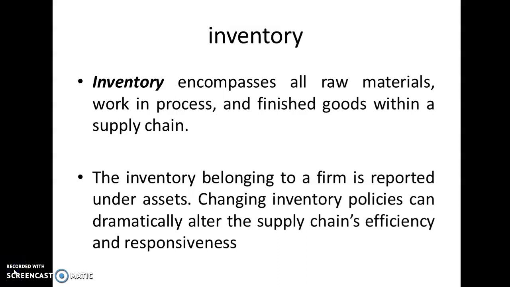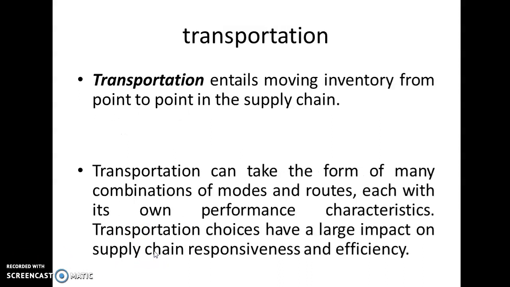As we have already discussed in inventory turnover, the objective of any supply chain system is to minimize the inventory cost, but at the same time to ensure the product availability in all the places. So, decision on inventory plays a role in supply chain efficiency and responsiveness.